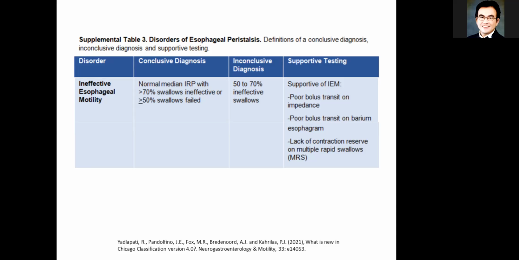So I think very frequently we use multiple rapid swallows to evaluate IEM, because in someone who has ineffective motility and also abnormal multiple rapid swallows, these are the patients that might develop dysphagia after fundoplication.